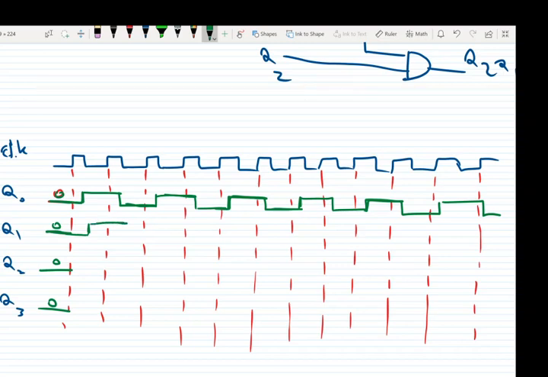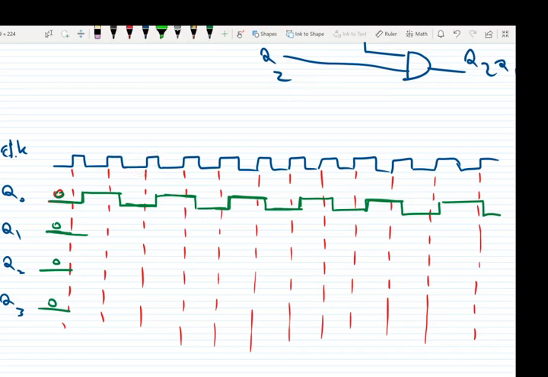So every time that Q0 changes from 1 to 0, Q1 changes. No, sorry. Every time at any clock that Q0 is 1, Q1 will be changed.